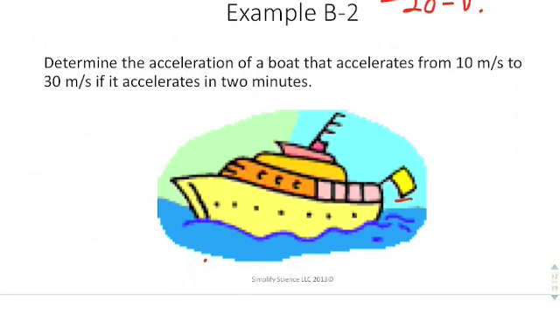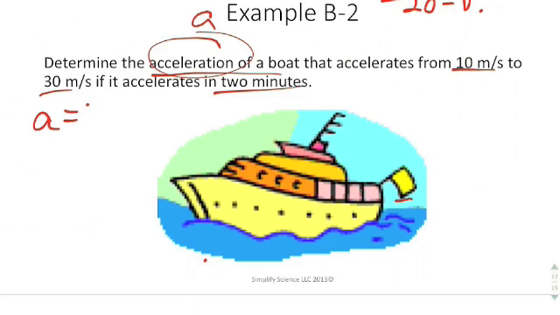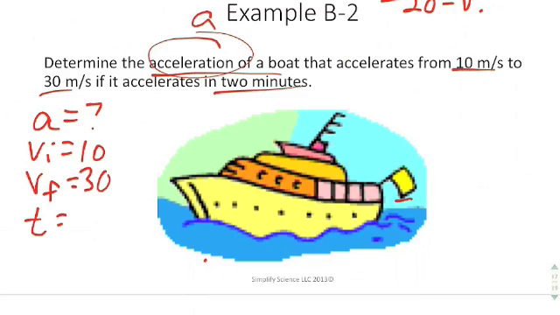In the next example, it says determine the acceleration of a boat. So you're looking for A, and the boat accelerates from 10 to 30 meters per second in 2 minutes. So I'm looking for A, the initial velocity is 10, the final velocity is 30, and the time in this case would be 120 seconds. Remember, we don't deal with minutes.